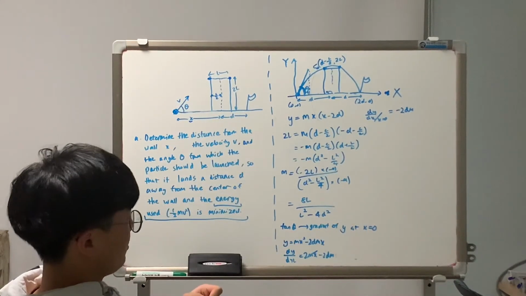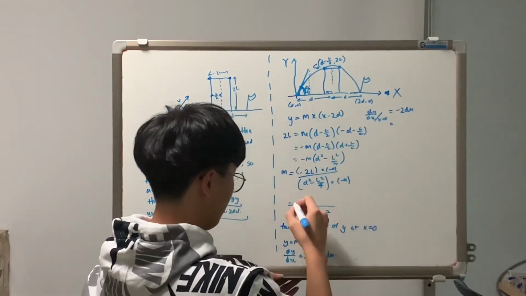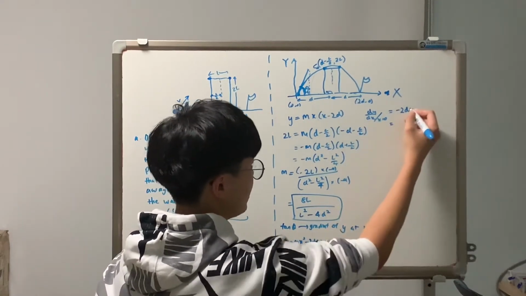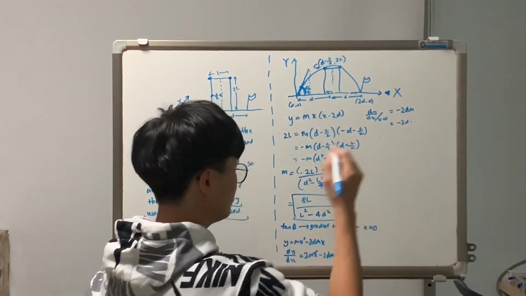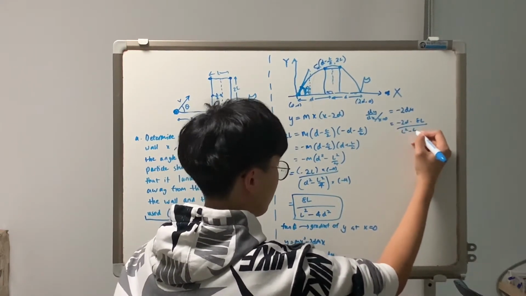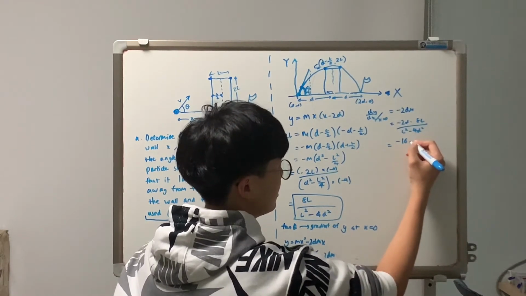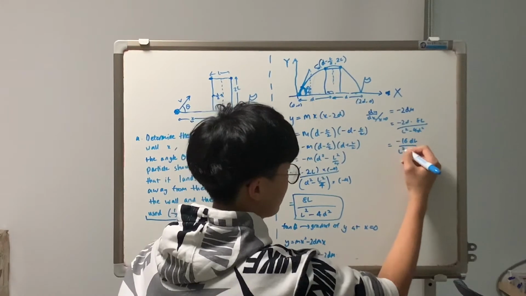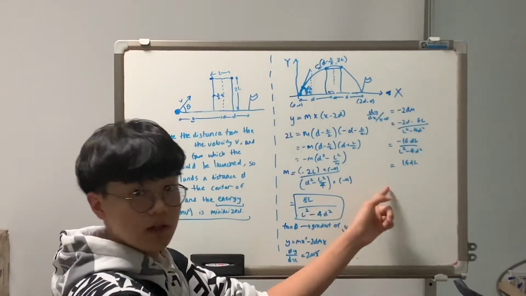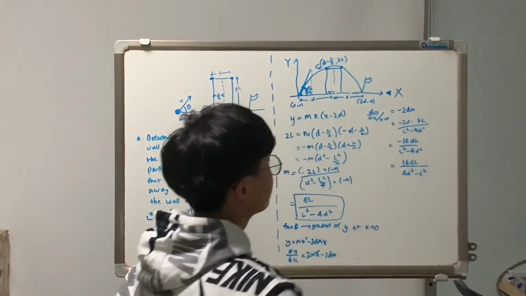We have m over here. So we could plug in m to here, so we get minus 2d times 8L over L squared minus 4d squared, which is minus 16 dL over L squared minus 4d squared, and multiply both sides by negative, and we get 4d squared minus L squared.